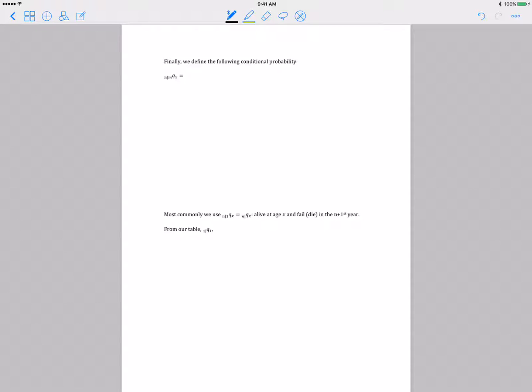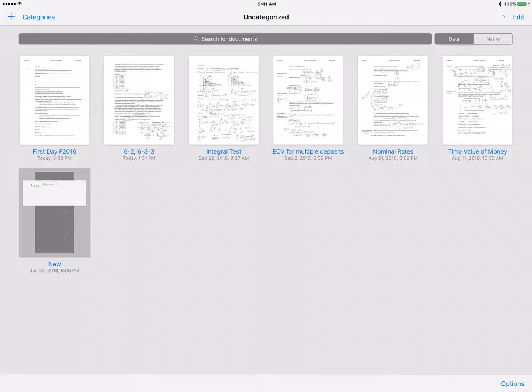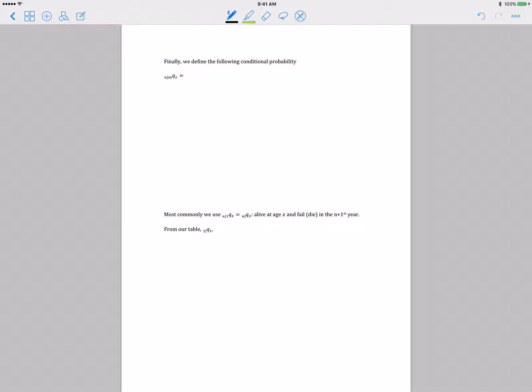It's part of the Q notation, and what this notation means is the probability that a newborn survives to age x plus n, but does not survive to age x plus n plus m, given the fact that they survive to age x. So it's a conditional probability statement.